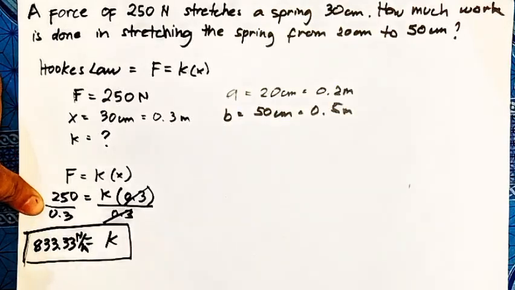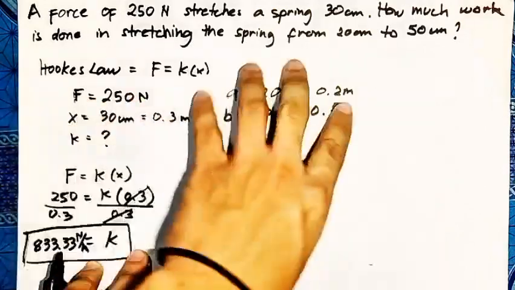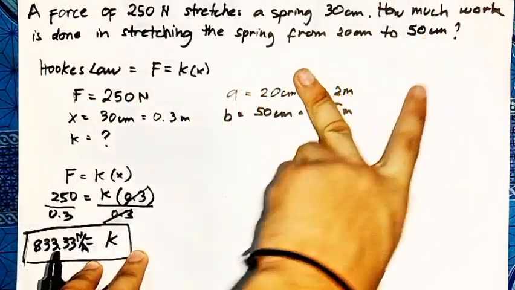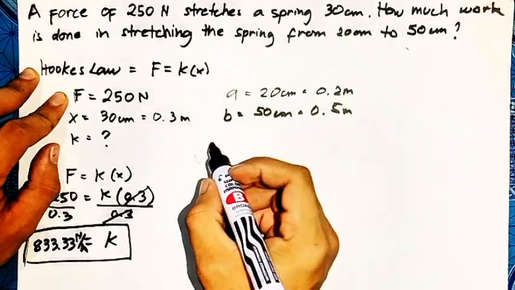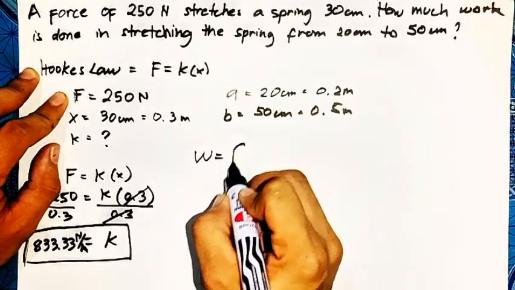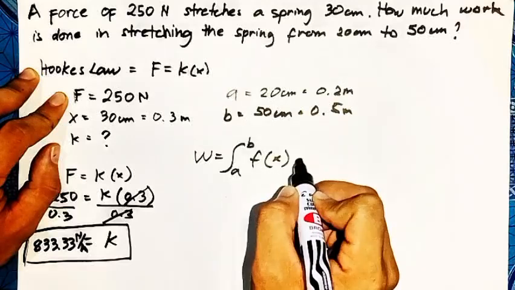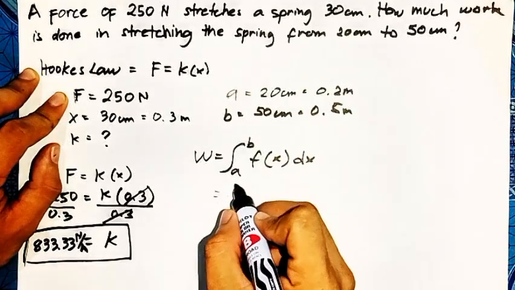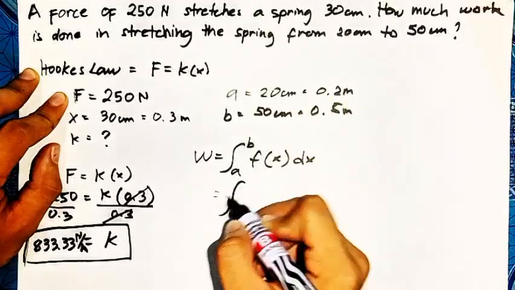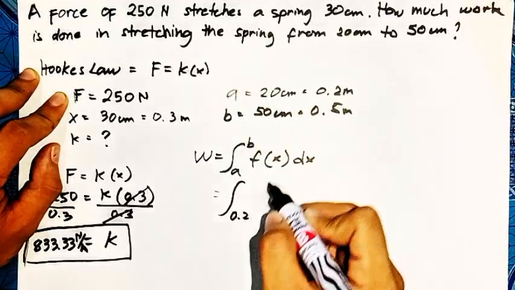Now, since we have the value of K and the problem is to find the work, the formula for work is: work is equal to the integral from A to B of f(x) dx. Now, to find the work, let's substitute the values. A is 0.2 meters and B is 0.5.